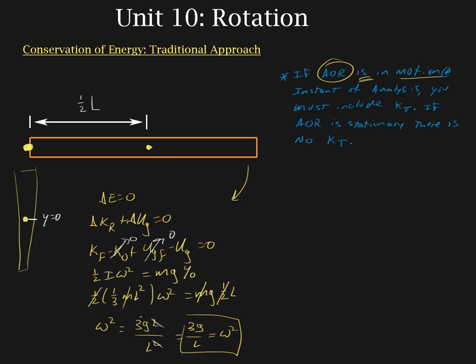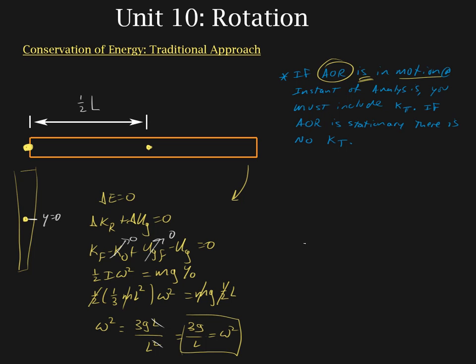But in this problem, we didn't do that. We used the moment of inertia for which the axis of rotation goes through its end. And because we did that, we did not have to use K translational. So let's go ahead and solve this problem again in a more non-traditional way.